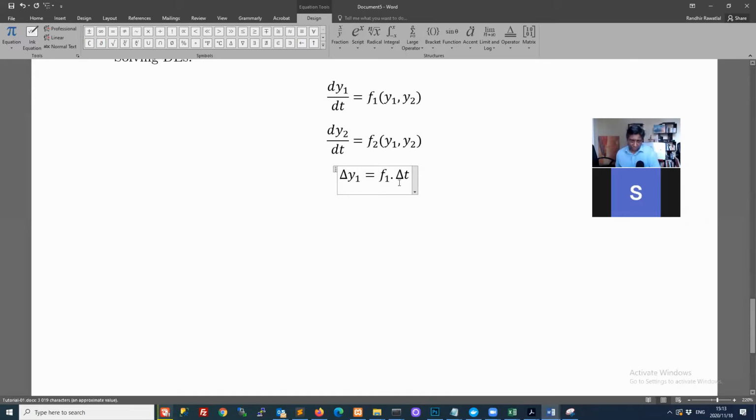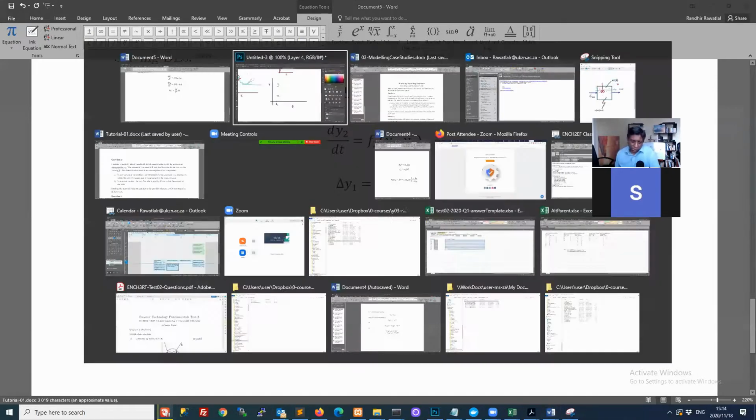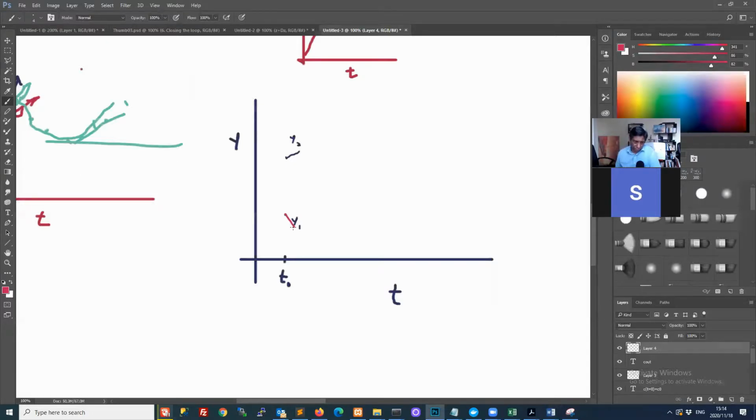So the change in y is f1 times delta t. Right, so if that's the gradient, dy1/dt, and of course this comes straight from your fundamental theorem of calculus, so dy/dt times delta t is delta y1. So we've got the delta, so we can increase by our delta amount, so that gives us new values, and so we can span out the solutions there.